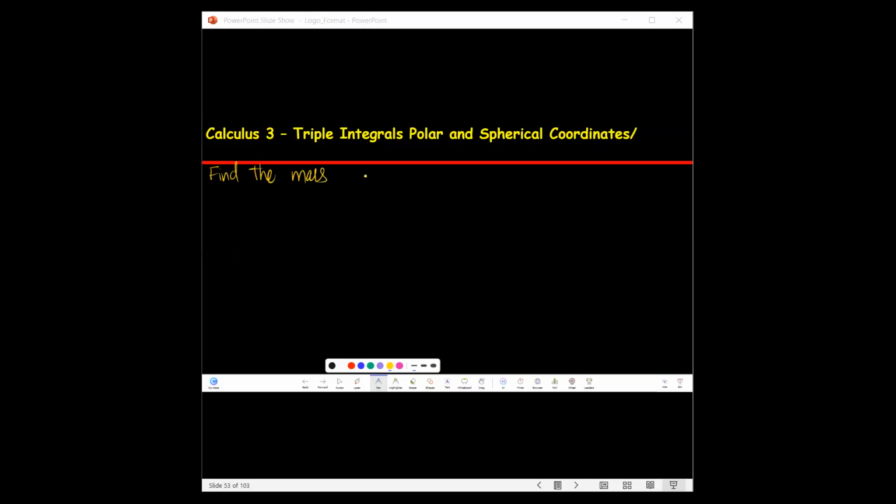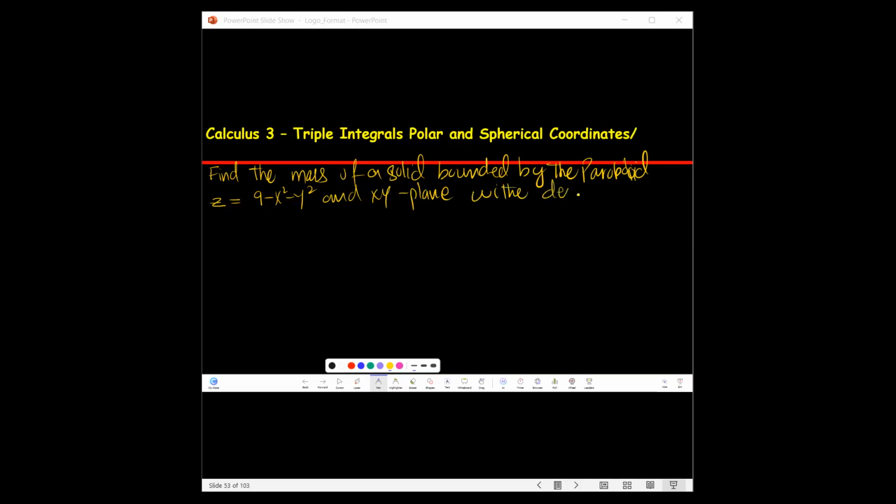Find the mass of a solid bounded by z equals 9 minus x squared minus y squared and the xy plane, with the density function rho equals 12 minus z. So first things first, this is my density function that is given.